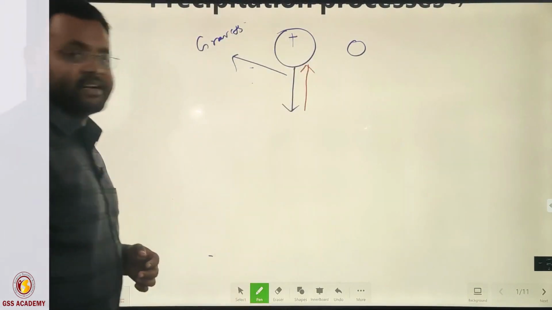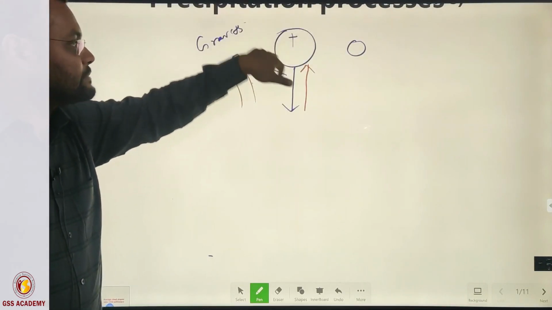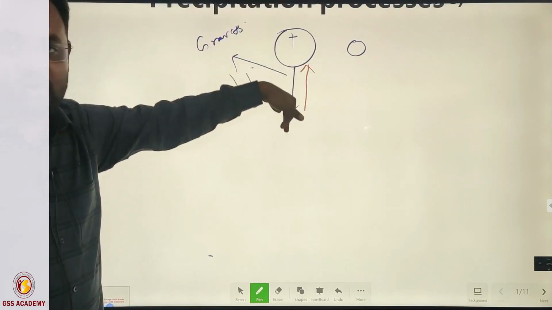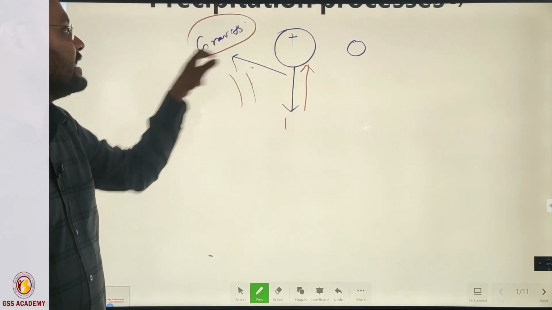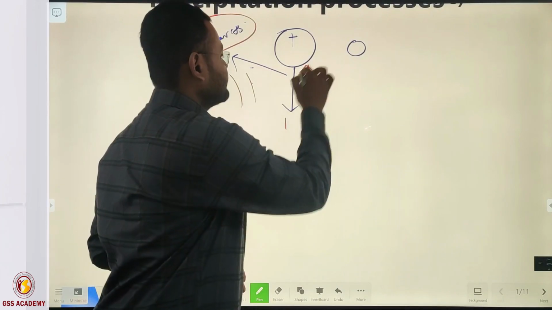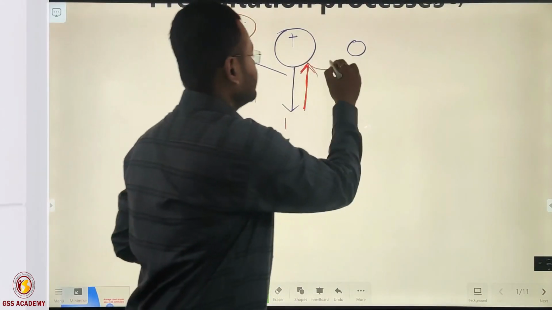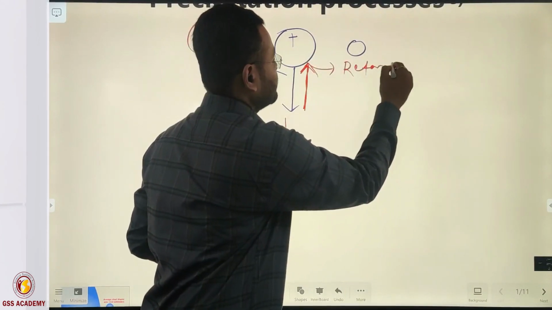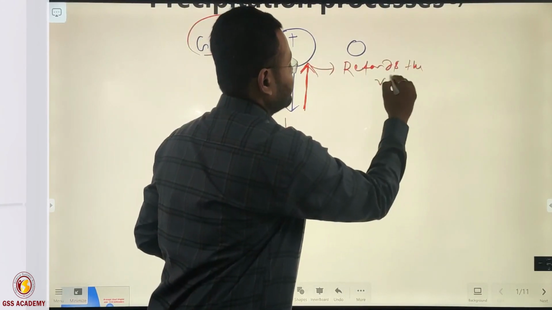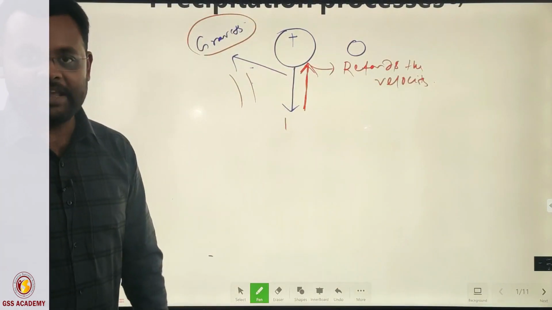An upward directed force will oppose its movement. Another force will act in exactly the opposite direction, and that will retard the velocity of this falling droplet.